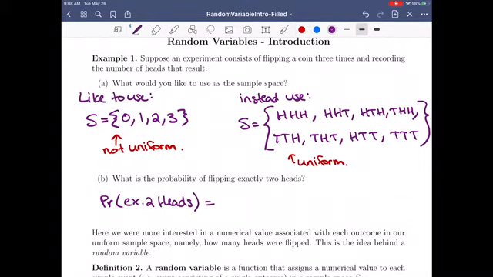Now we can use the uniform sample space to say this is the number with exactly 2 heads divided by the number in the sample space. These 3 here look like they have exactly 2 heads. So I'm going to end up with 3 over the 8 that are present. This is what we did in chapter 2. It's the same idea, nothing's new.